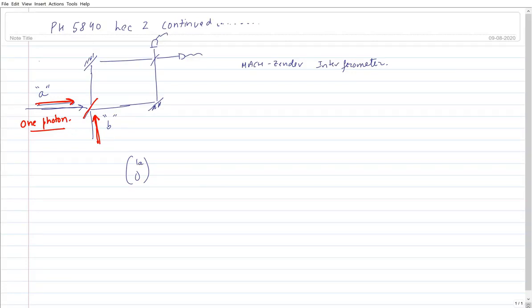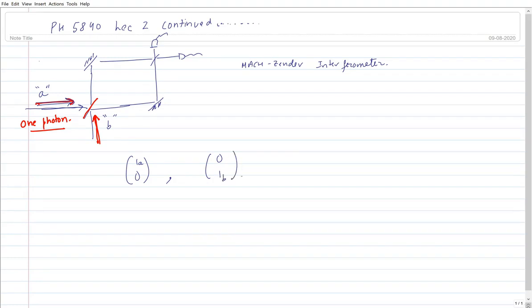It means that I am injecting the photon through this port and there's nothing in this port, and the other combination would be nothing coming from port A, and a single photon coming from port B, and that's going to be 1B.